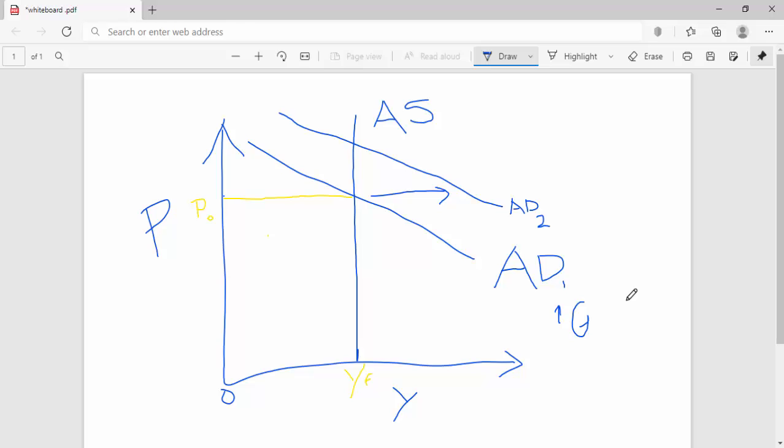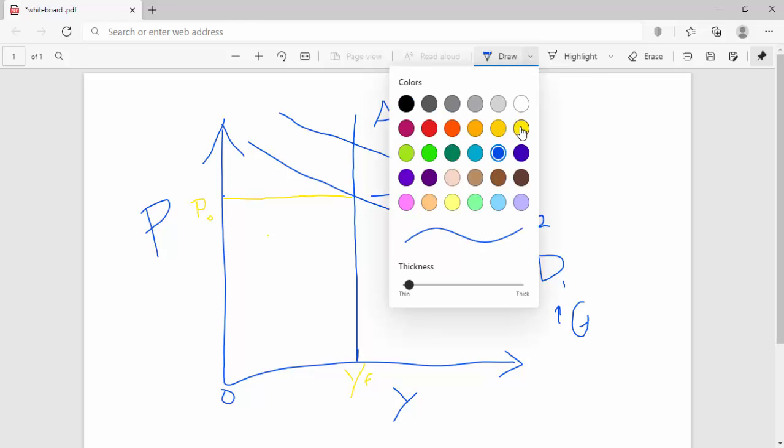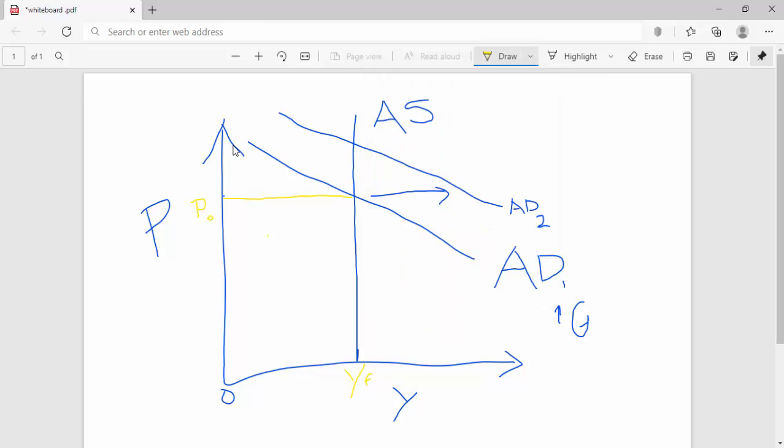If consumer spending increases, then this also shifts to the right. So an increase in the aggregate demand as a result of consumer spending and government spending will lead to an increase in the prices.